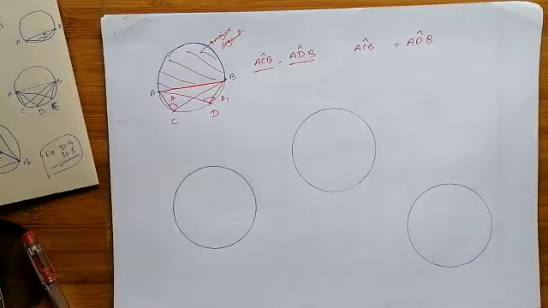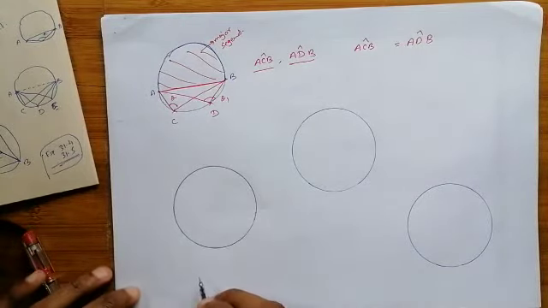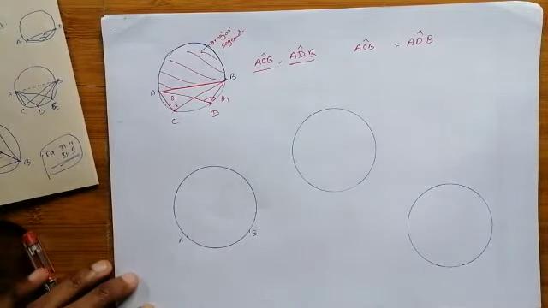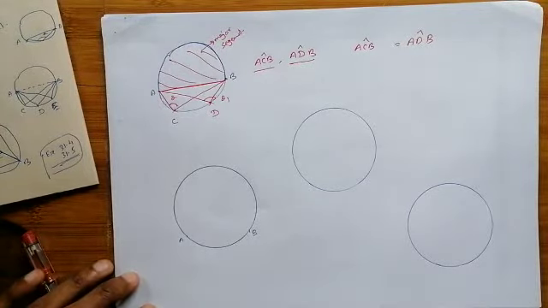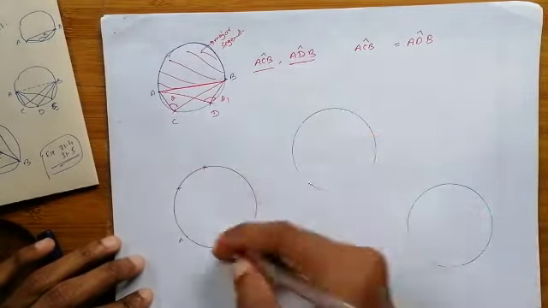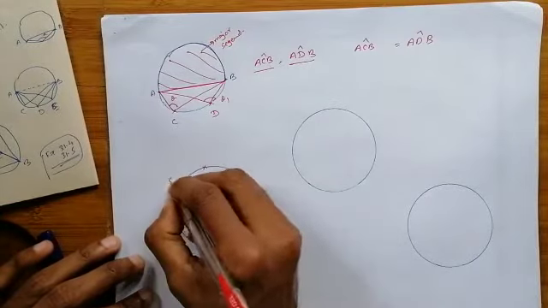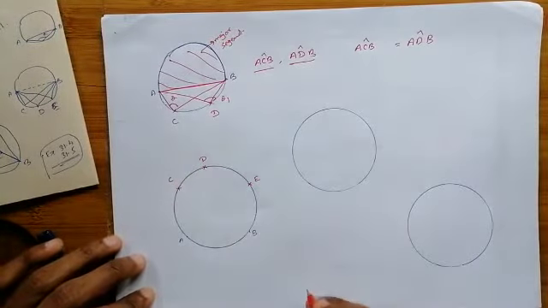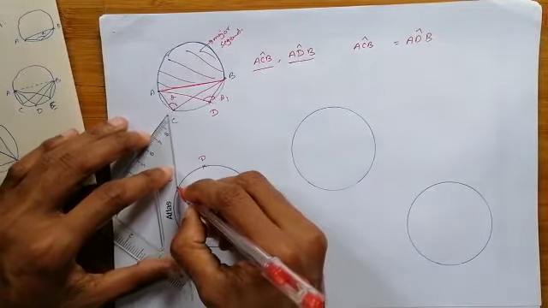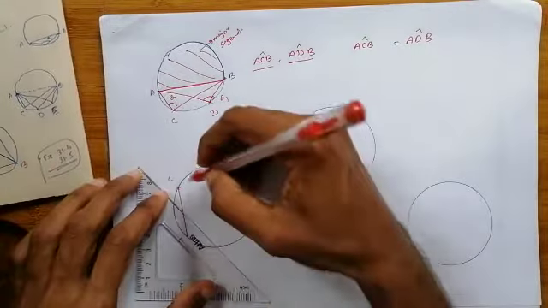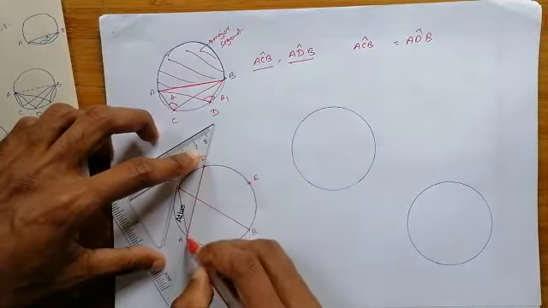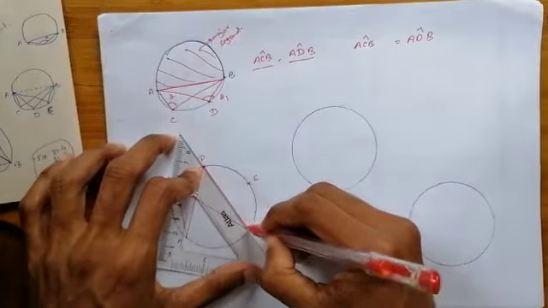Okay, let's consider another figure. We have a minor arc AB, and we are marking 3 points on the remaining part, naming them C, D, E. If you connect the points with the arc, we know all the angles are subtended by the same arc.